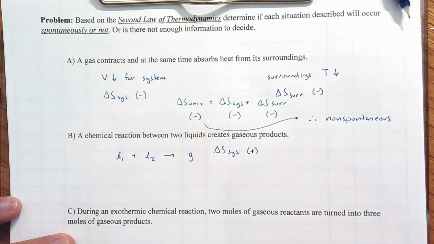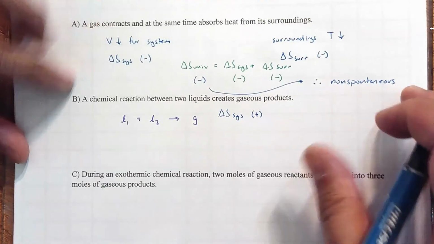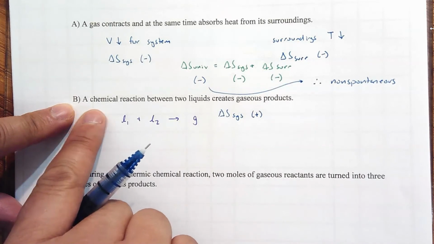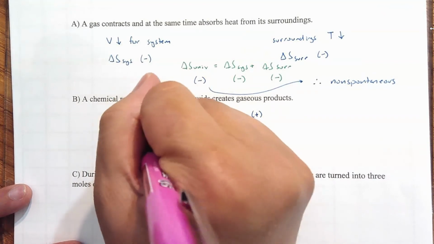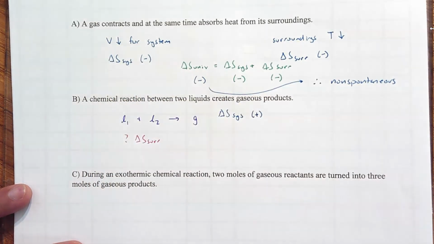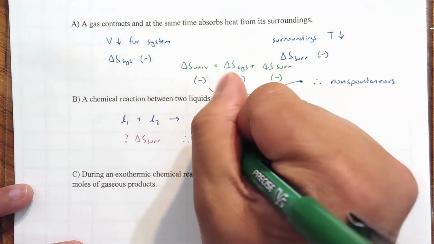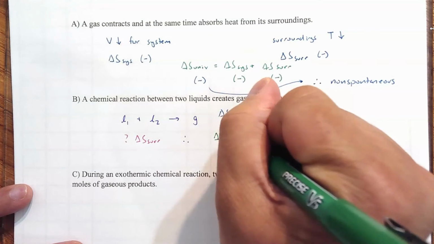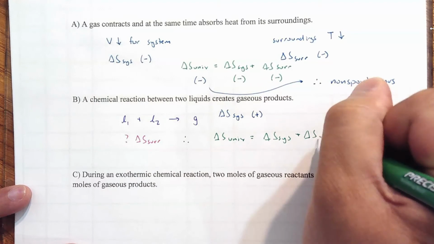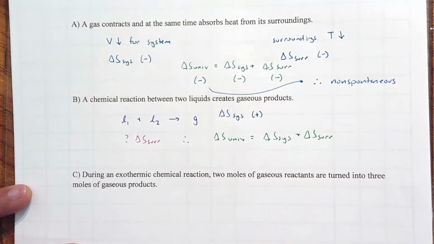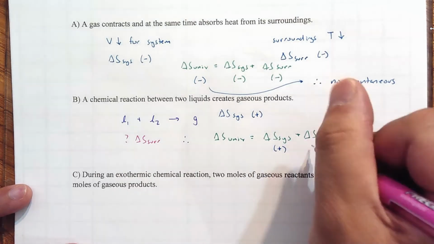It gained disorder. Now, there's actually nothing we can say about the surroundings, according to this sentence here. So we don't know what's going on with the surroundings. There's no conclusion we can make. Therefore, if you have, again, your equation, delta S universe equals delta S system plus delta S surroundings, we have a plus here, but we have a question mark here.